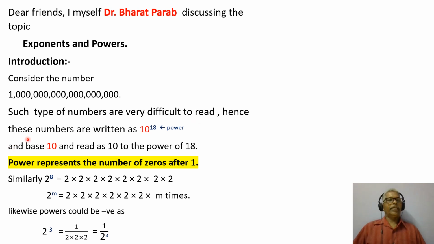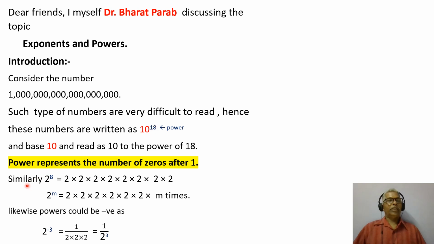Hence, these numbers are written as 10 raised to 18, where this 18 is a power and this 10 is a base, and read as 10 to the power of 18. Now here the power represents the number of zeros after 1. Number of zeros, there are 18, so 10 raised to 18.